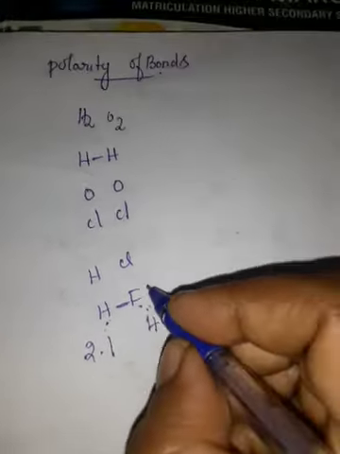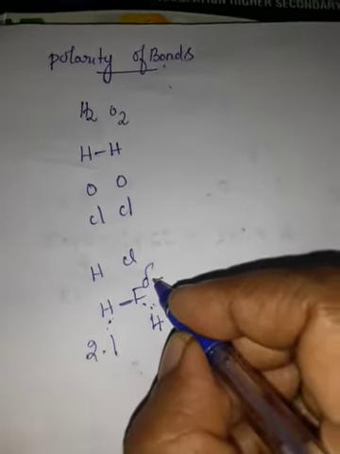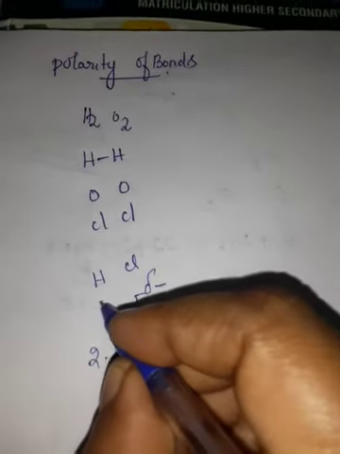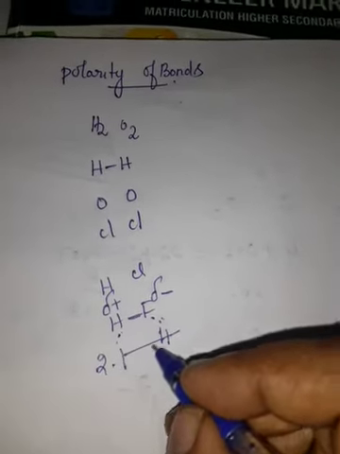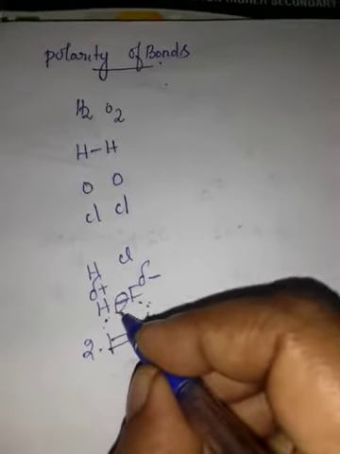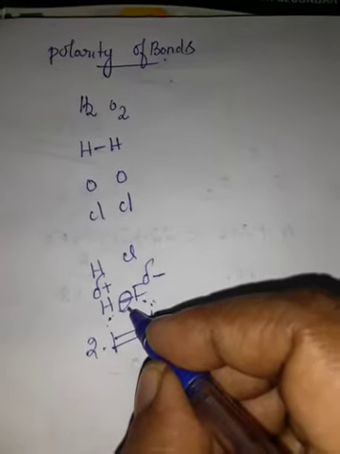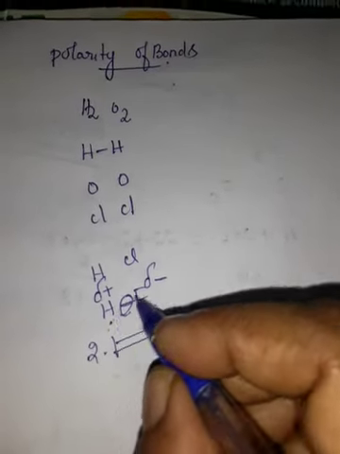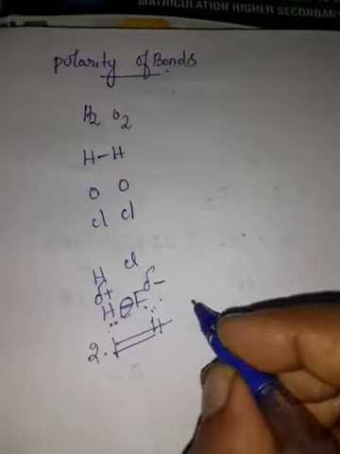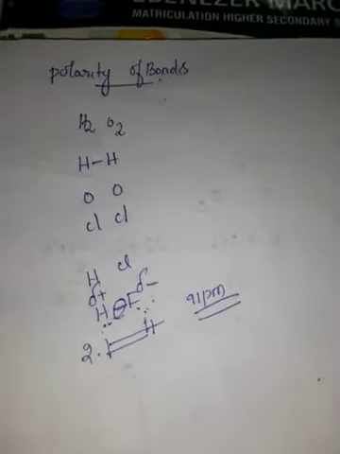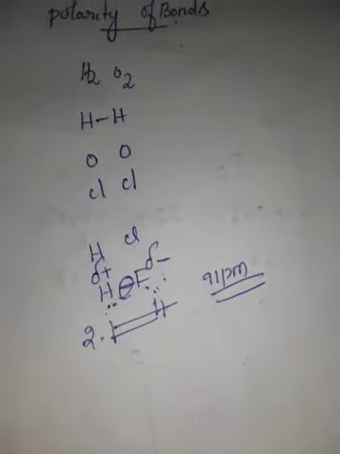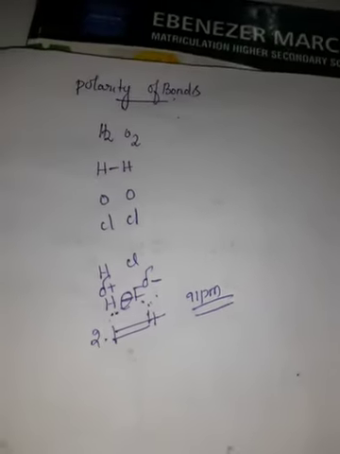So partial negative charge is found on fluorine and partial positive charge on hydrogen. This bond is said to be a polar covalent bond, and this is said to be a dipole, with the two charges separated by a distance of 91 picometer.